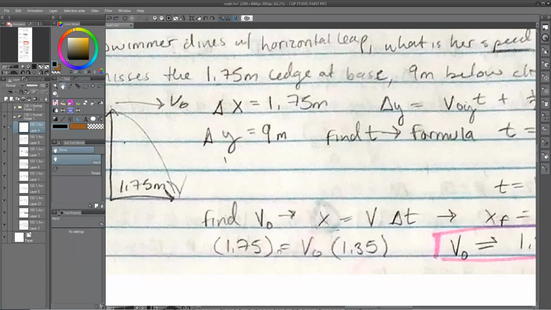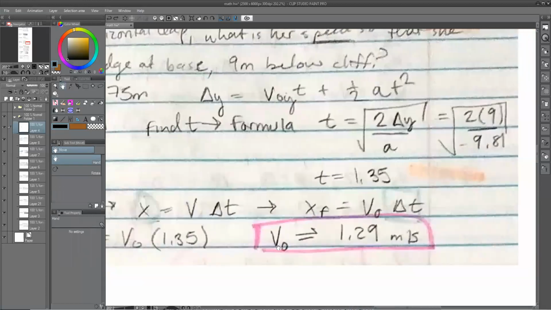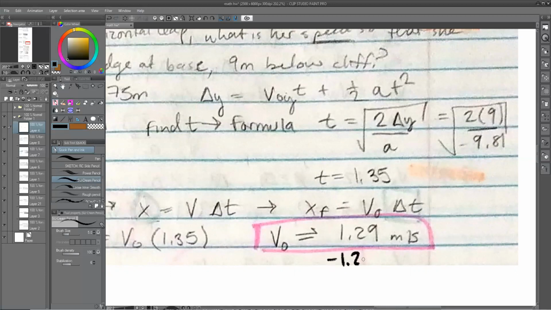When I plug in everything, I get the velocity is equal to 1.29 meters per second. Technically, I believe this should have been negative 1.29 meters per second, but the math is the same.